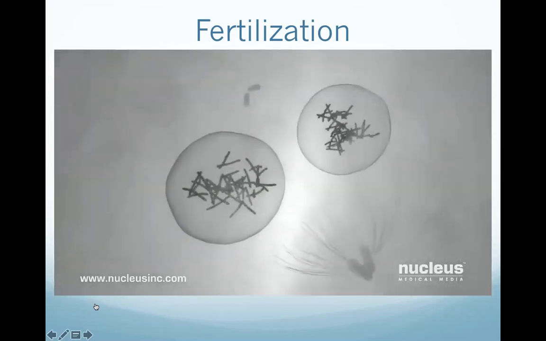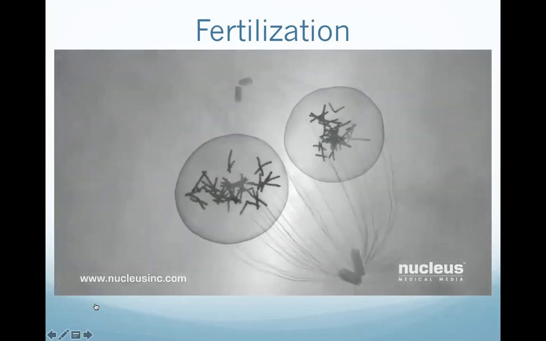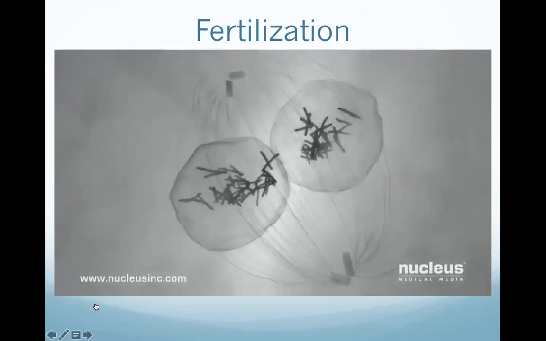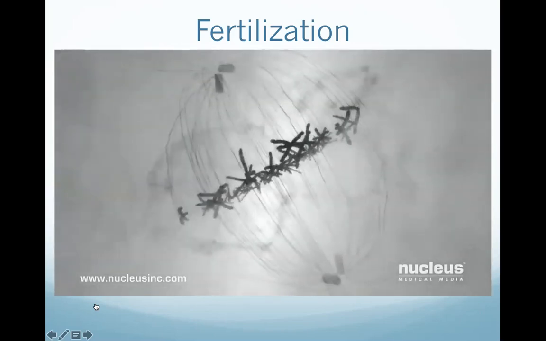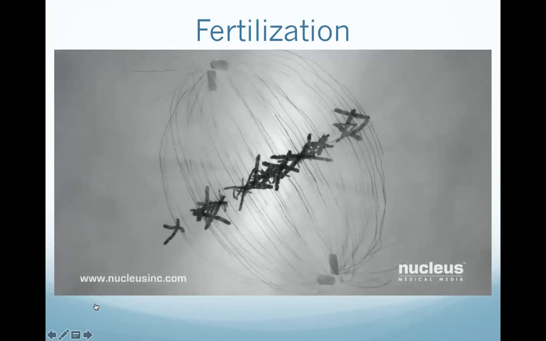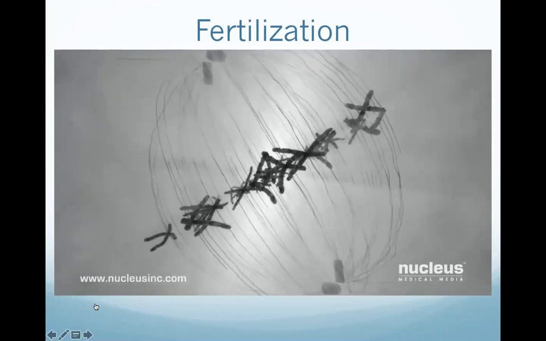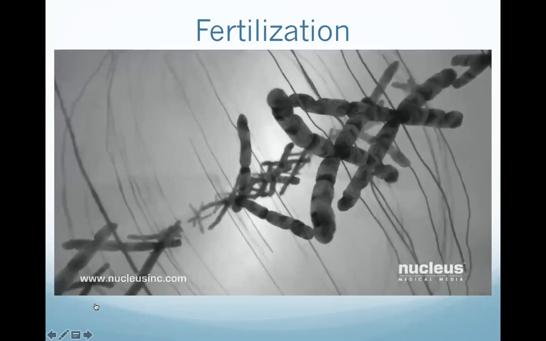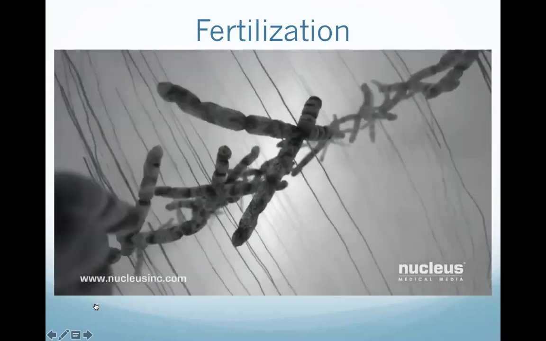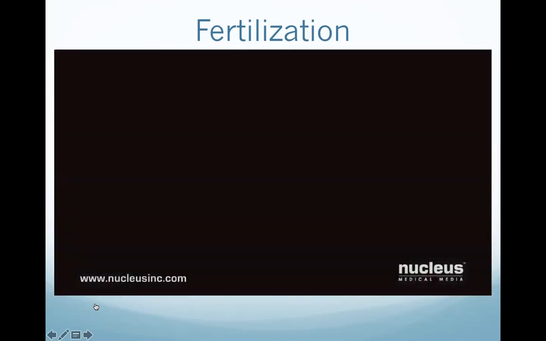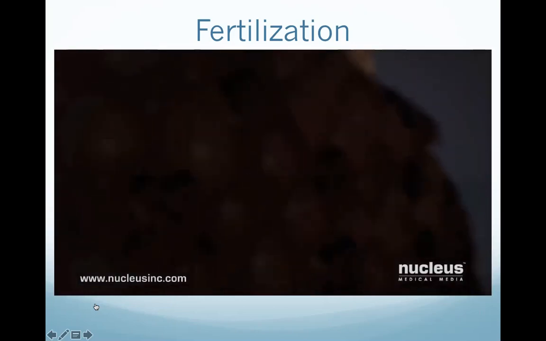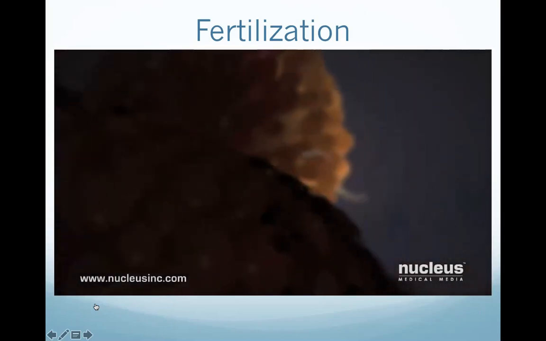The two sets of chromosomes join together, completing the process of fertilization. At this moment, a unique genetic code arises, instantly determining gender, hair color, eye color, and hundreds of other characteristics. This new single cell, the zygote, is the beginning of a new human being.